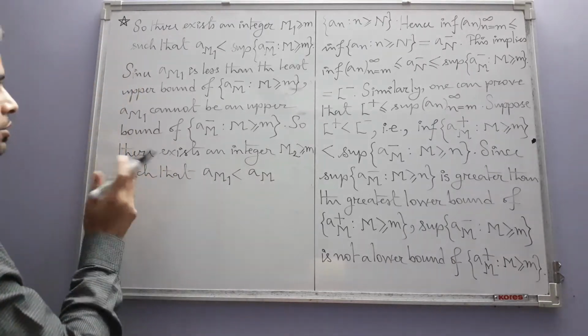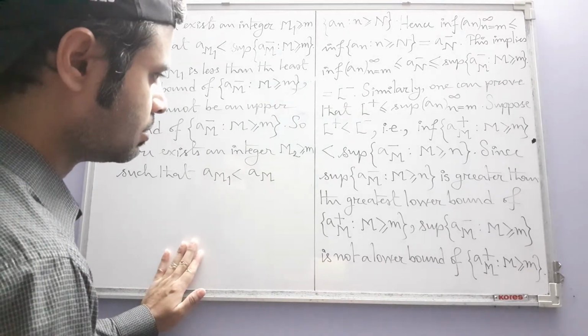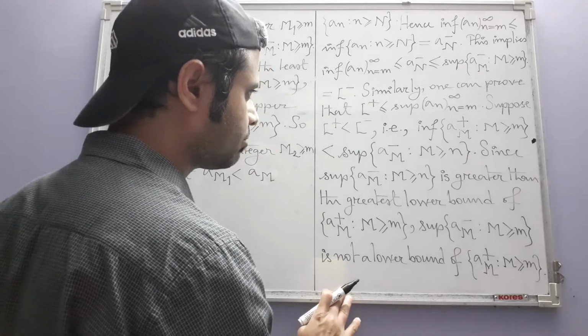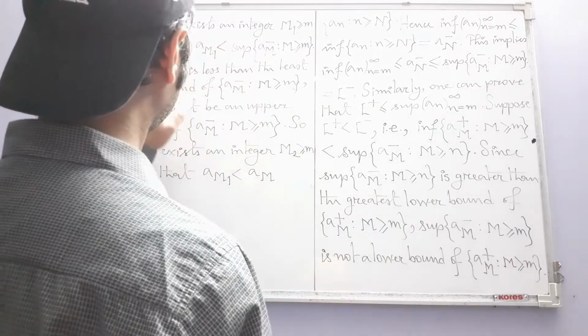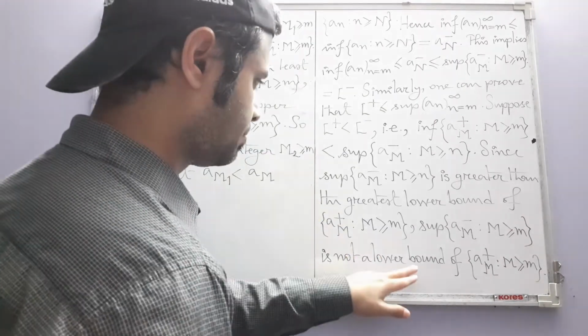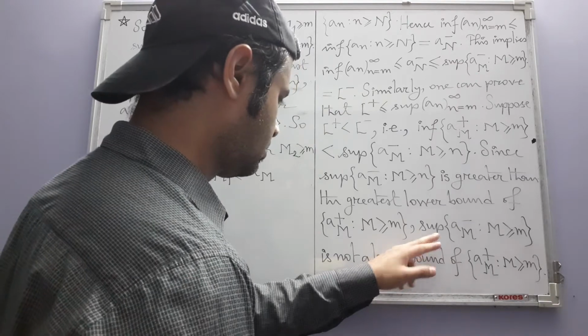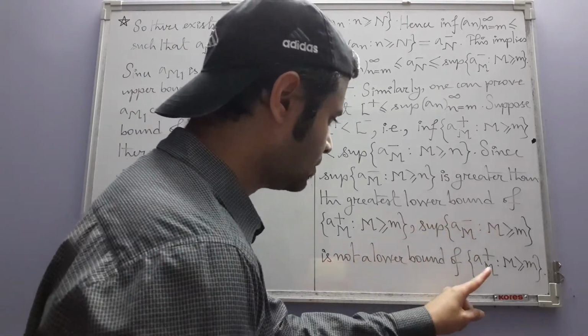oh sorry, see, already I have made a mistake, I think. Yeah, that's why we should be extra careful with these things. So I think I made the mistake here itself. This is not a lower bound of this set.